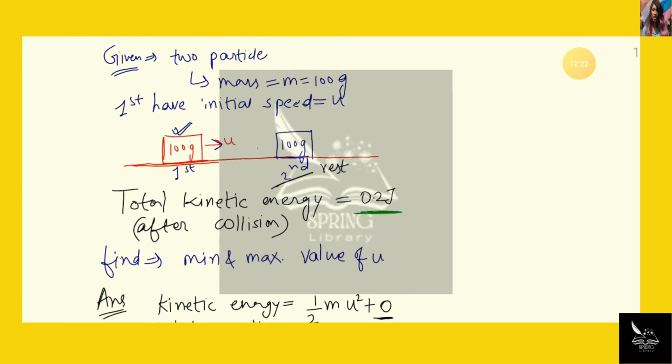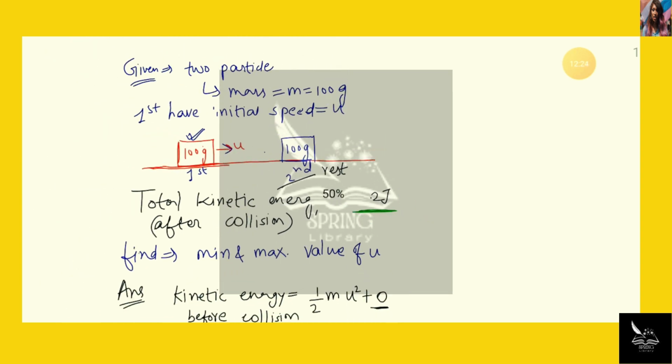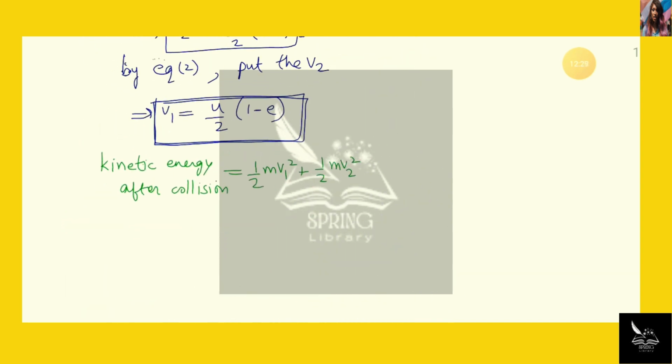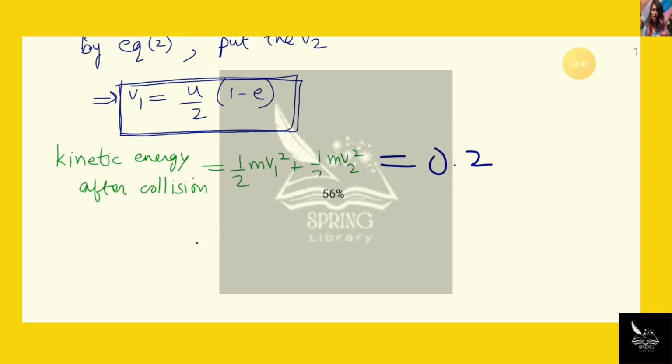So I will put the value of kinetic energy after collision equal to 0.2. So here I have got the equation half mv1 square plus half mv2 square is equal to 0.2.